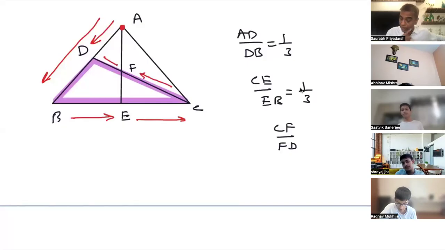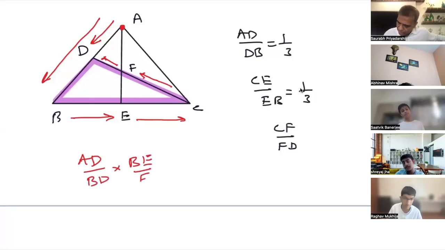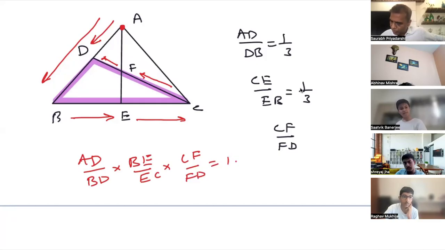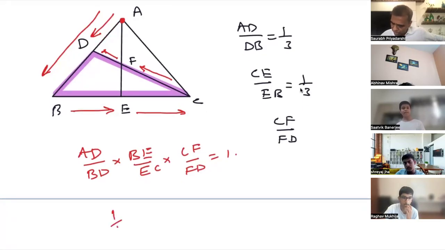The complete thing: AD upon BD into BE upon EC into CF upon FD is equal to 1. AD upon BD is 1 by 3, directly given.